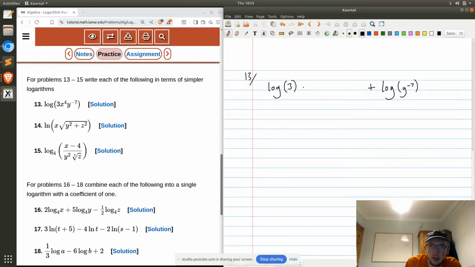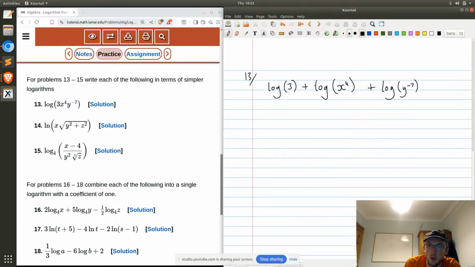As log of 3 plus log of x to the 4 plus log of y to the negative 7. Then, if you think about it again, this x to the 4 business is like log of x times x times x times x. So really I'm adding all those together.